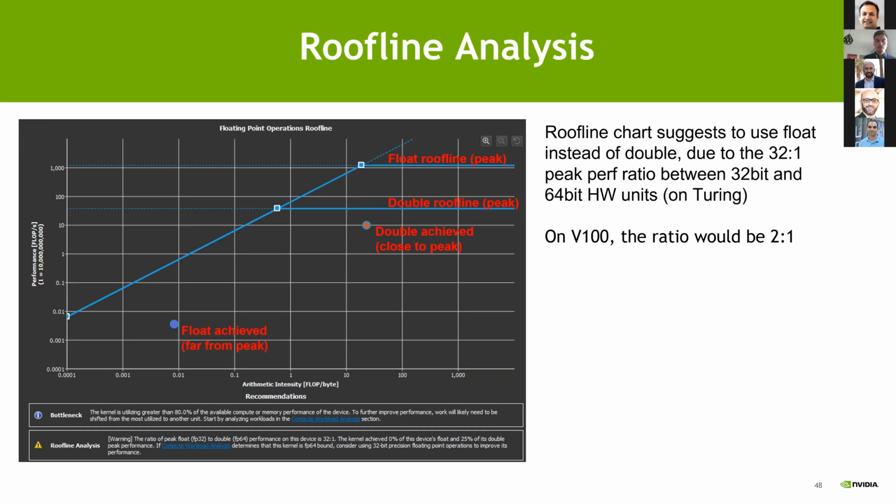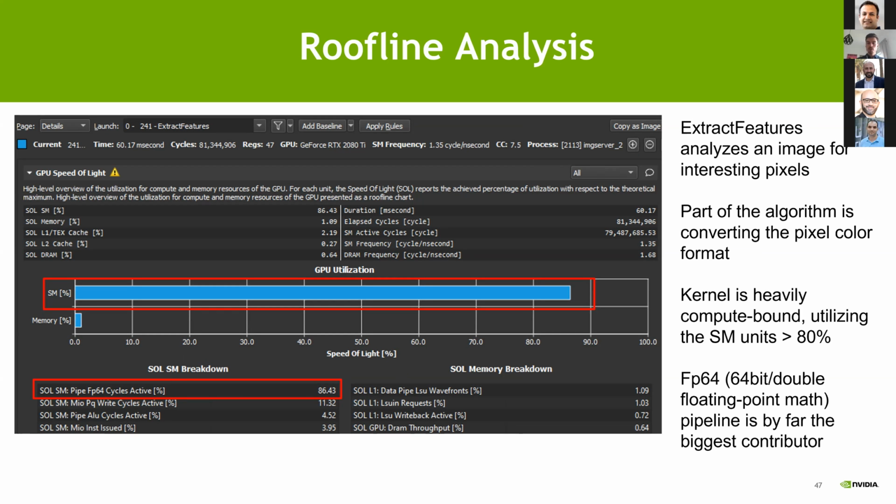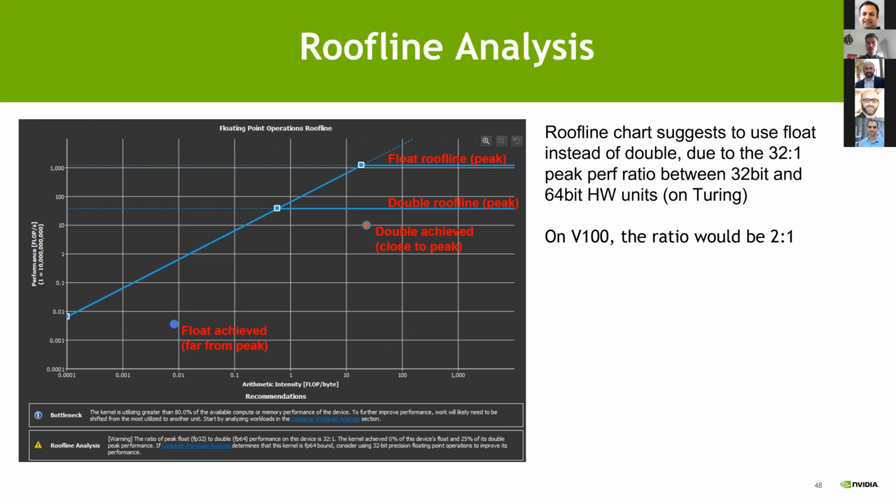And since we're talking about floating point performance now, there's a relatively new feature called Roofline Analysis, which can help in understanding how close we are to the theoretical peak, and whether we are more compute bound or more memory bound with our floating point usage.